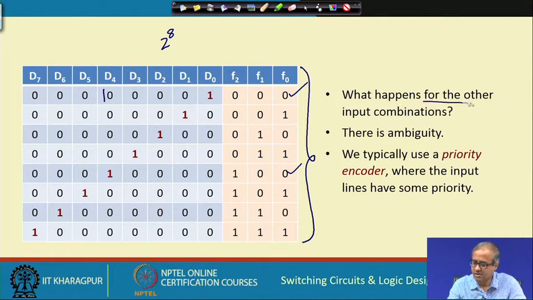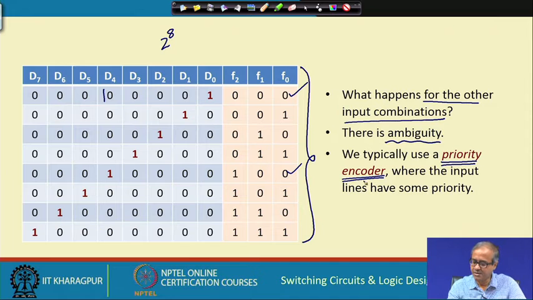For other input combinations where more than one input can become 1, there is some ambiguity. To remove this ambiguity, the encoders that we normally design are priority encoders, not a normal encoder like this truth table shows.